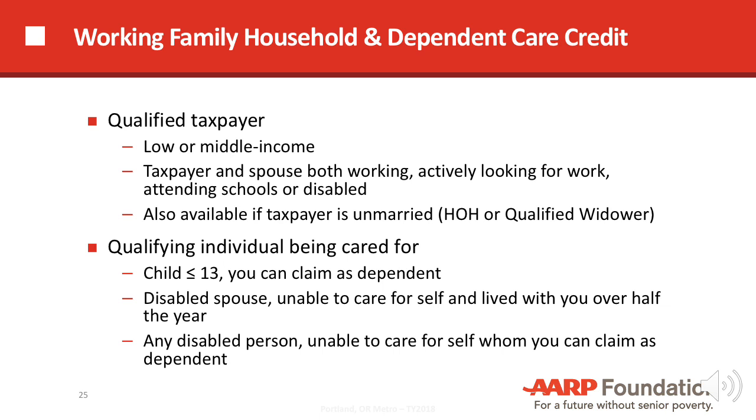The taxpayer must qualify on income. They must be looking for work, be working, attending school, or be disabled. And the qualifying individual must be a dependent or a disabled spouse. And if they're a dependent, they must be either disabled or a child under 13.